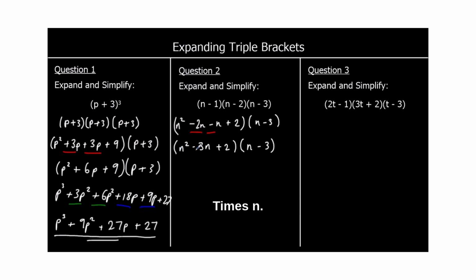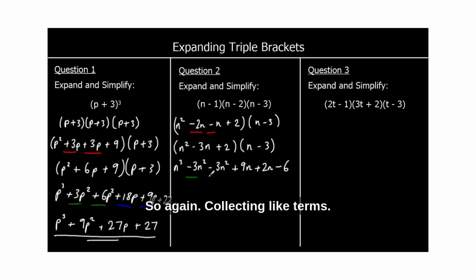So n squared times n is n cubed, n squared times negative 3, negative 3n squared, negative 3n times n, negative 3n squared again, negative 3n times a negative 3 is a positive 9n, 2 times n is 2n, and 2 times negative 3 is negative 6.